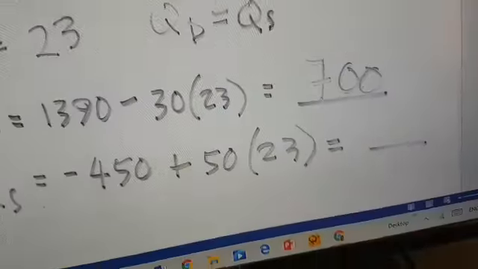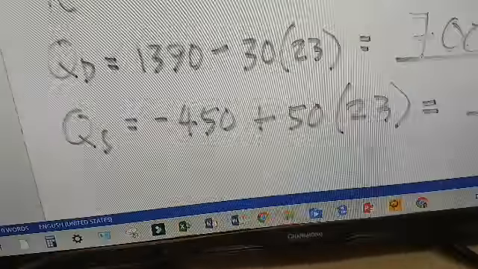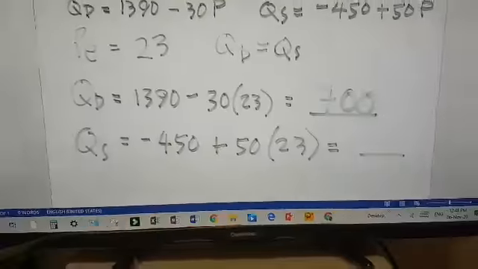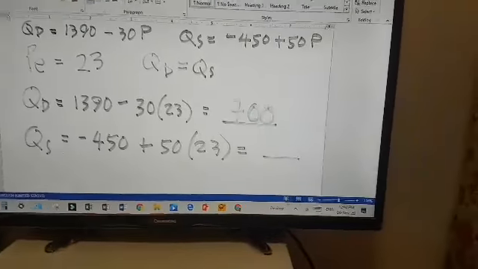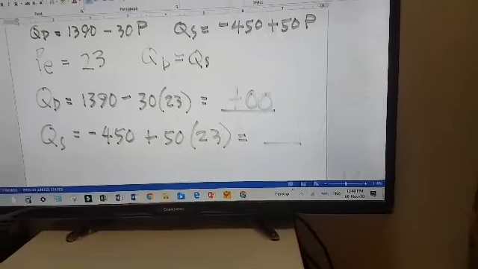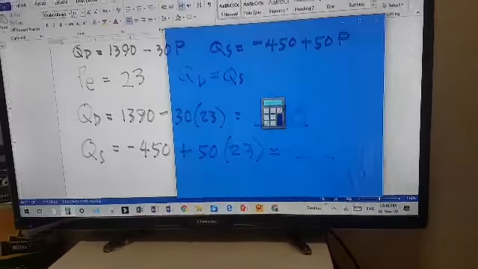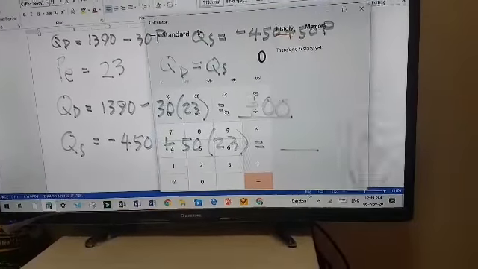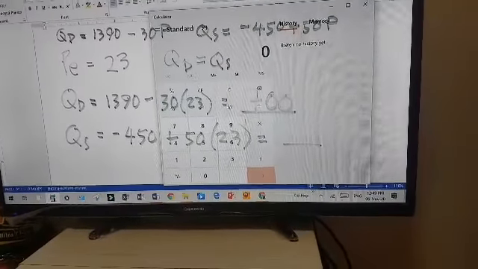Sorry for the pen. Right. Let's try to substitute the same for QS, and let's see what's going to happen. If it's the same value, that will come out. All right. So that's positive.